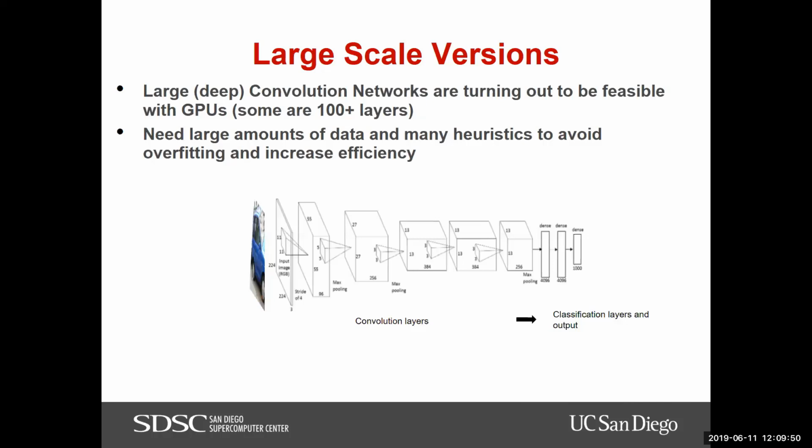I forget the exact date it came out, but it was an object recognition competition, and they beat the previous winner by something like 10%. A pretty good amount of performance. So people realized that by building these large convolution networks, with a lot of data, a lot of training, and some heuristics to avoid overfitting, you can get really good performance.